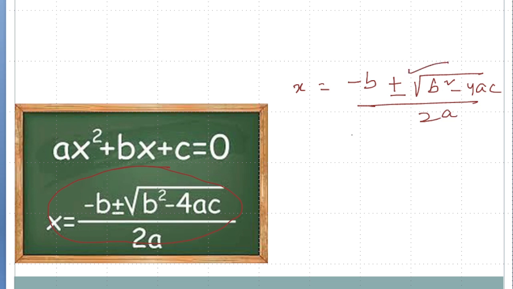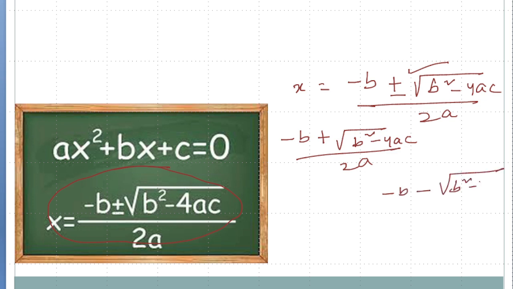This is not only one value, these are two values. One is minus b plus square root of b square minus 4ac by 2a. The other value is minus b minus square root of b square minus 4ac by 2a.